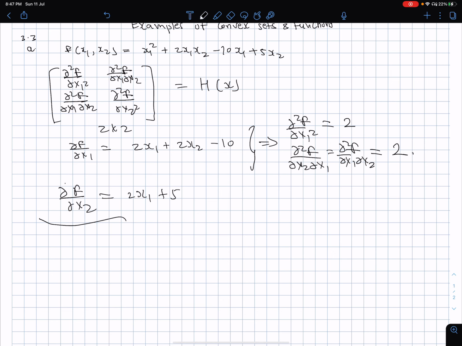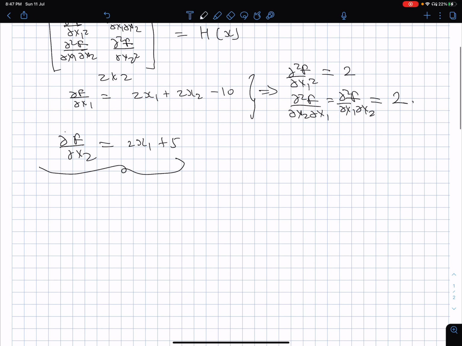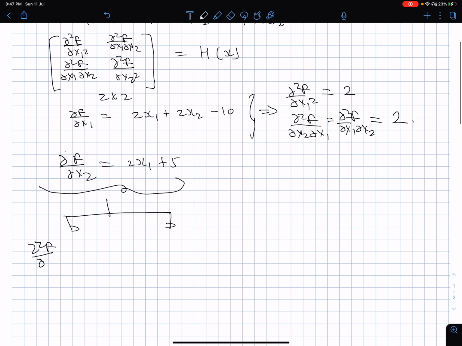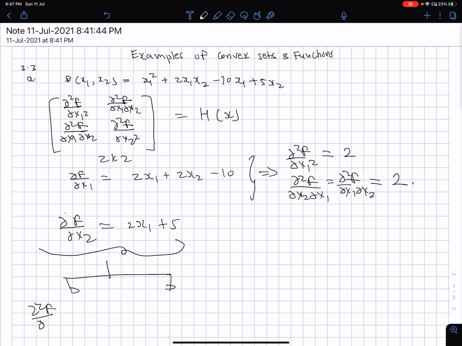Now again this gives two more partial derivatives: del square f with respect to del x2 square. I'm sorry, did I make a mistake?